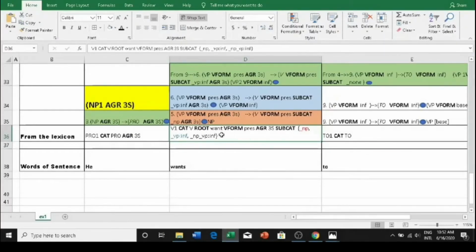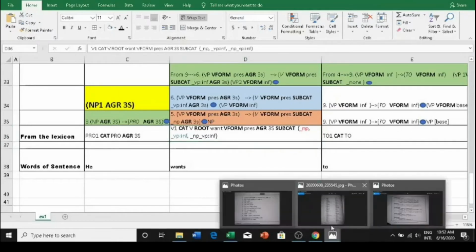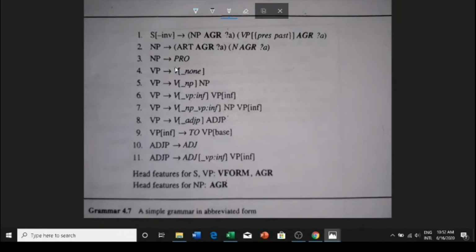For once, we should get a verb, right? So when we are going through this rule set, the first rule that we have with the verb on the right side is this one. Okay, so as in the normal logic of a bottom up chart based parsing, the first rule that matches is taken and then analyzed. So we are going to take this rule and analyze.